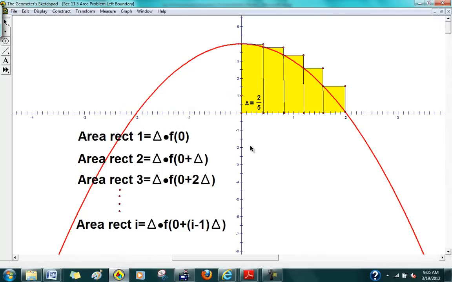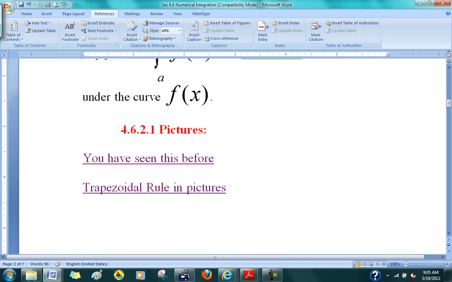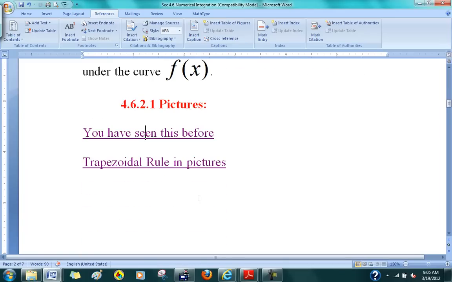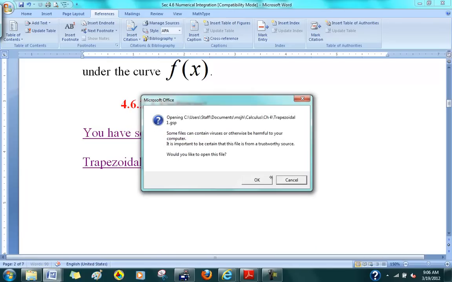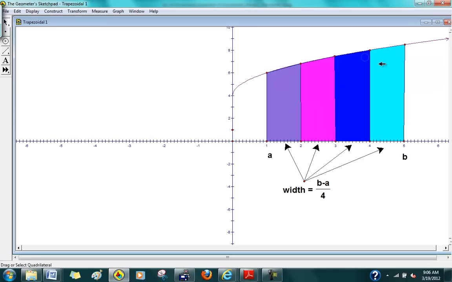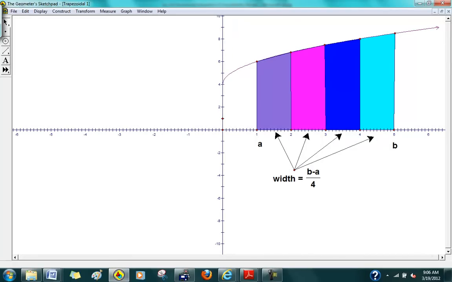So instead, what we do is we use trapezoids. Take a look at this picture here, and hopefully you can recognize trapezoids there. Like the colors there?